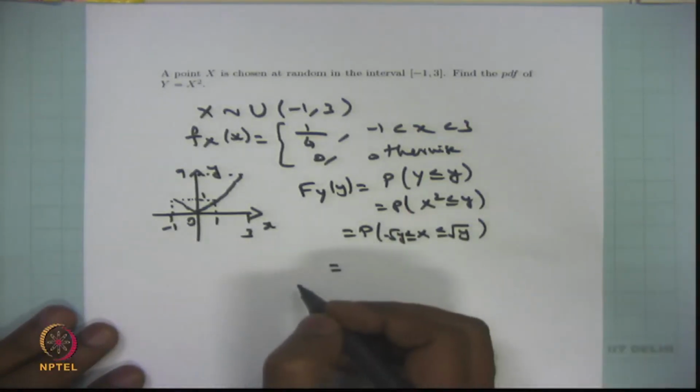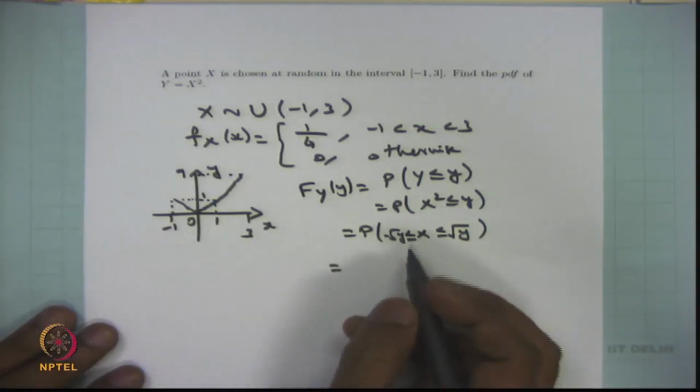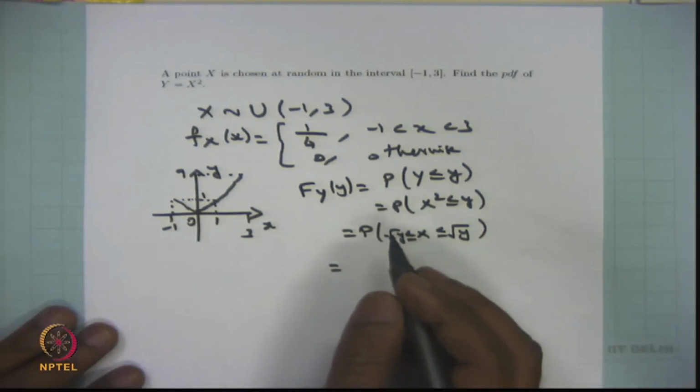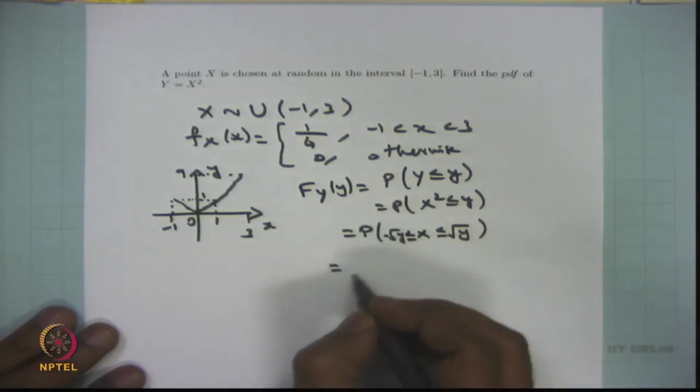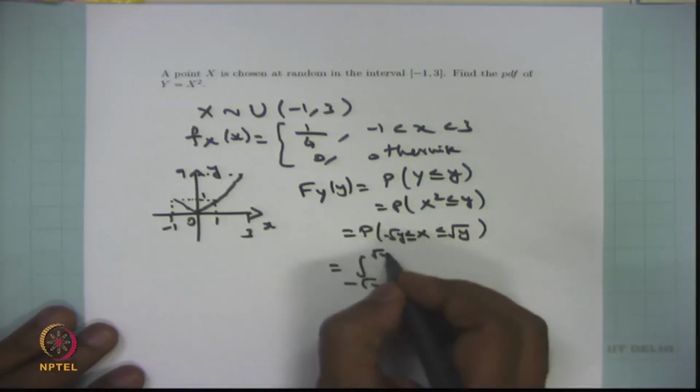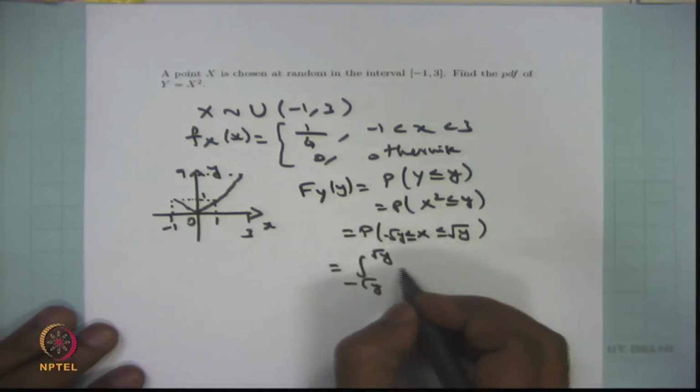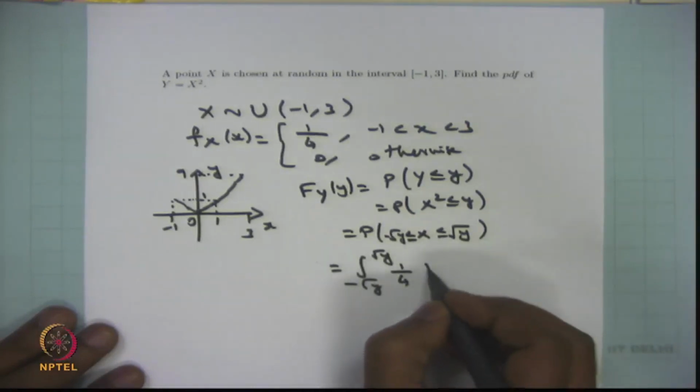Since x is uniformly distributed in the interval minus 1 to 3, this is the same as the integral from minus square root of y to plus square root of y, where the probability density function of x is 1 by 4, dx.